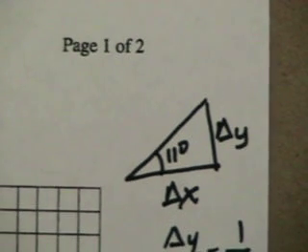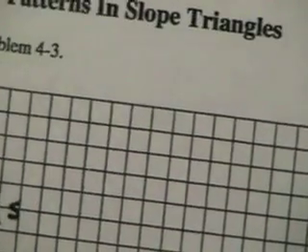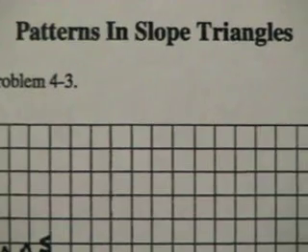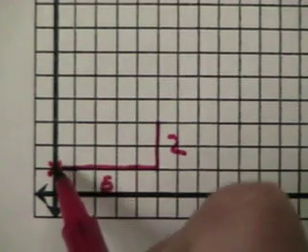They asked, what would happen if you drew a triangle that had a slope ratio of 2/5? In other words, I go over 5. I'm going to start right here. 1, 2, 3, 4, 5, and this time went up 2. So over 5 and up 2.